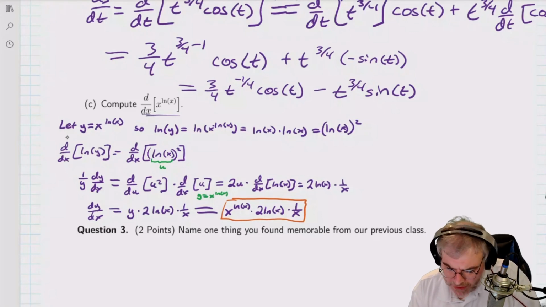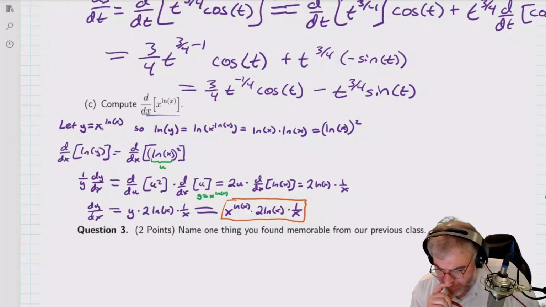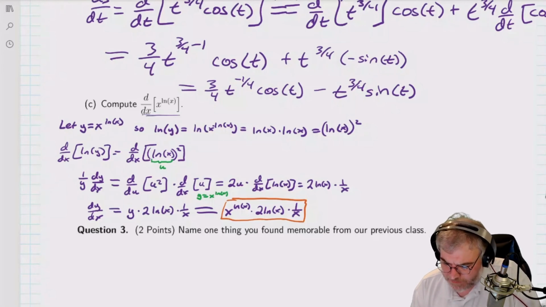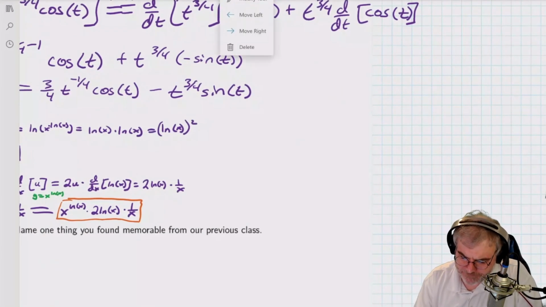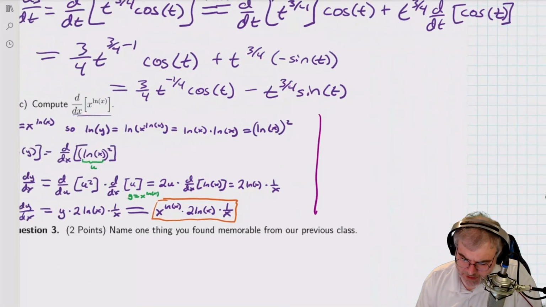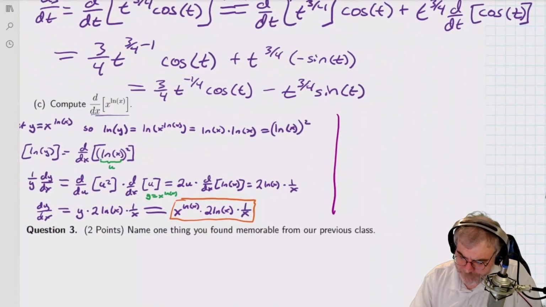Okay? So we're going to let y equal x to the log x. Now, there's two ways to do this. In the morning one, I did the chain rule way to do it. So let's do the product rule way to do it. So let y equal x to the ln of x.